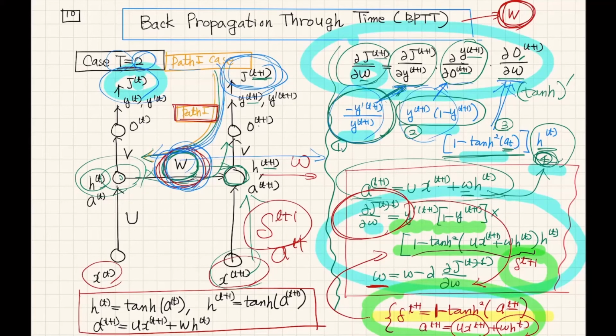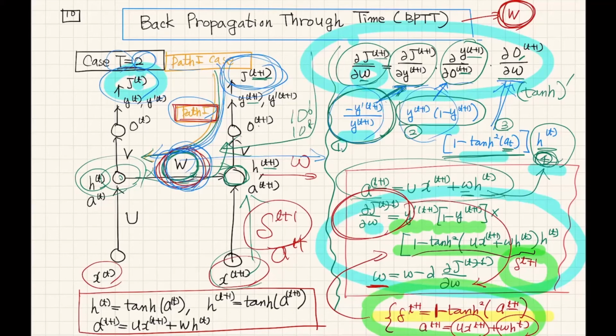And sometimes if W is a small number, it has to be multiplied by millions of times, which will cause the vanishing problem. If W is larger than 1, it will have the exploding problem. Again, this is a simple case of t equal to t2, but as I mentioned, we may have millions or billions of times.